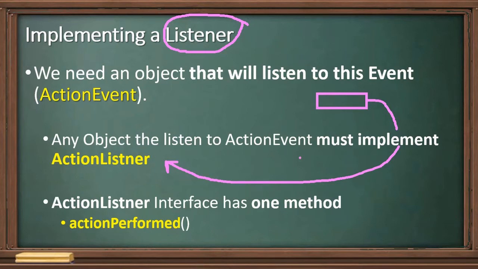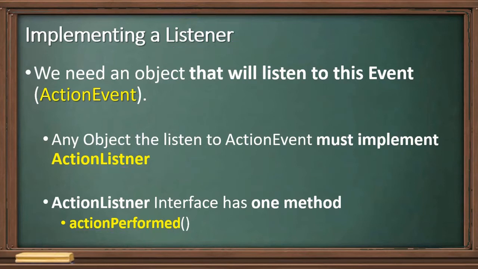We know that any interface will contain some abstract methods, and one such abstract method in the ActionListener, in fact the only method available in the ActionListener interface, is called actionPerformed.